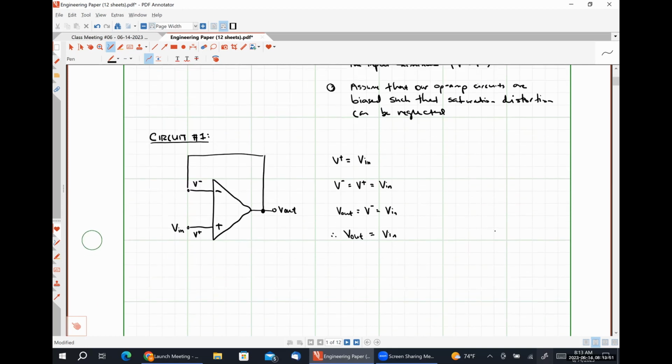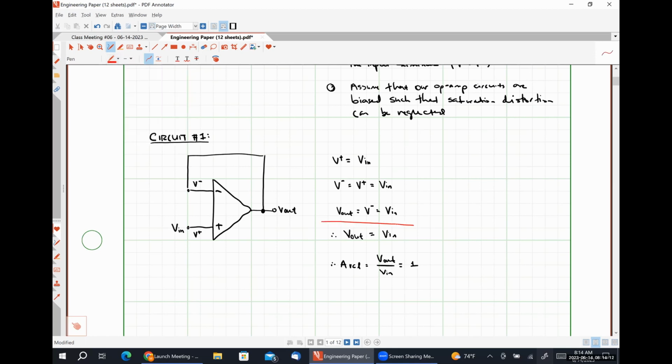And another way that we could express this is looking at our closed loop voltage gain. So AVCL is going to be the ratio of the output voltage to the input voltage. And for this instance, that number is simply 1.